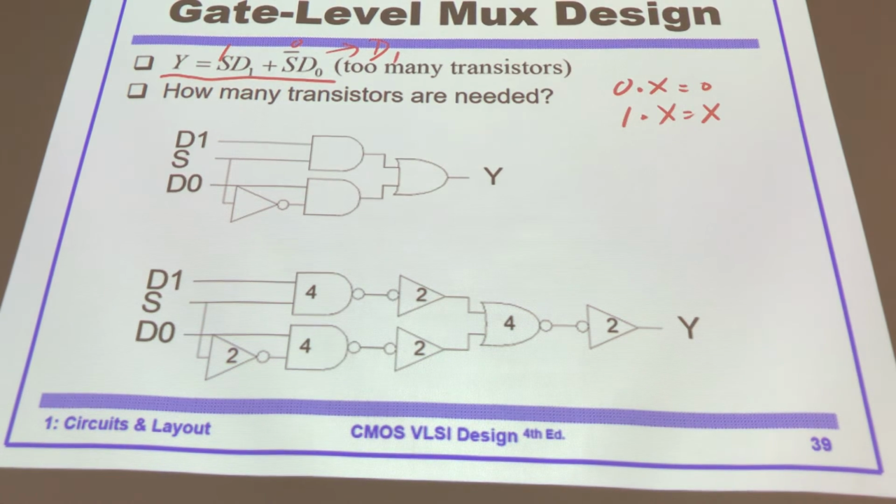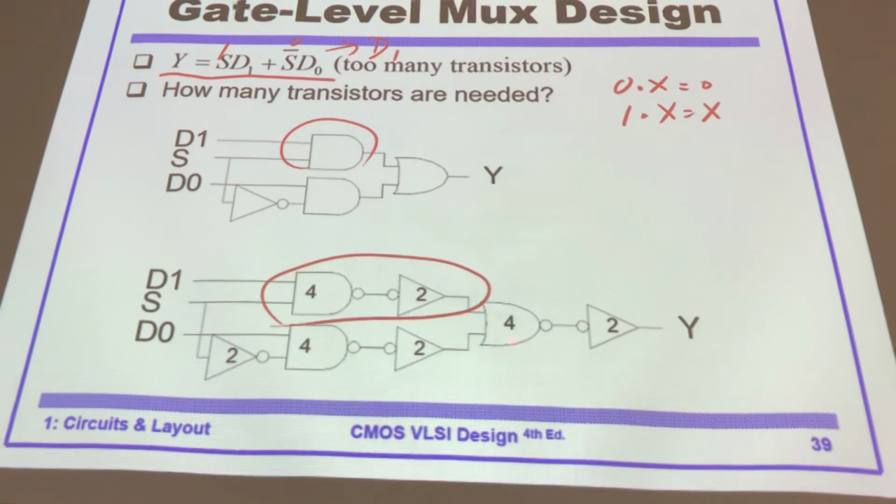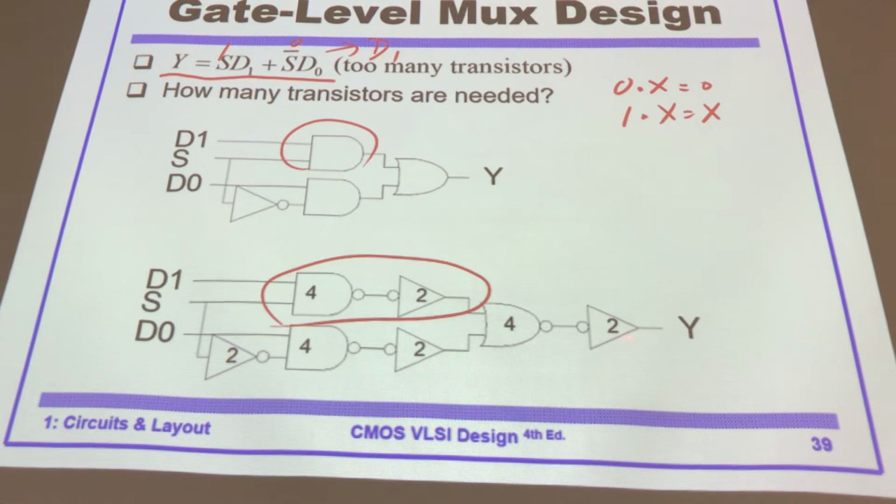There's no real AND gate in CMOS logic. Eventually, it is implemented with a NAND gate and an inverter. And the same thing for the OR gate: static CMOS gates are negative logic, so you have to use a NOR gate and then an inverter.